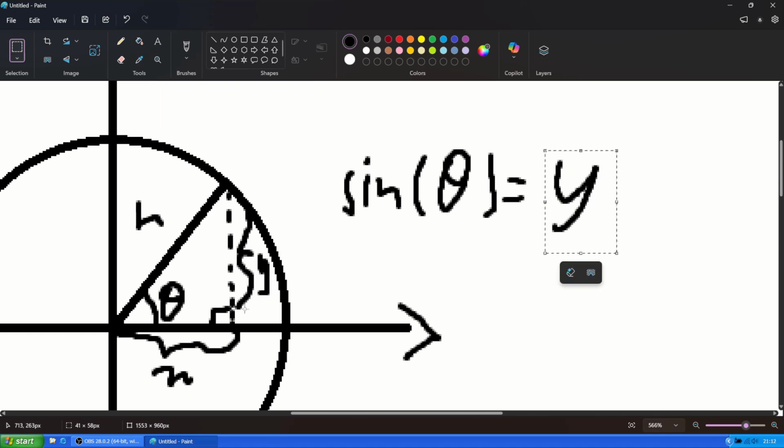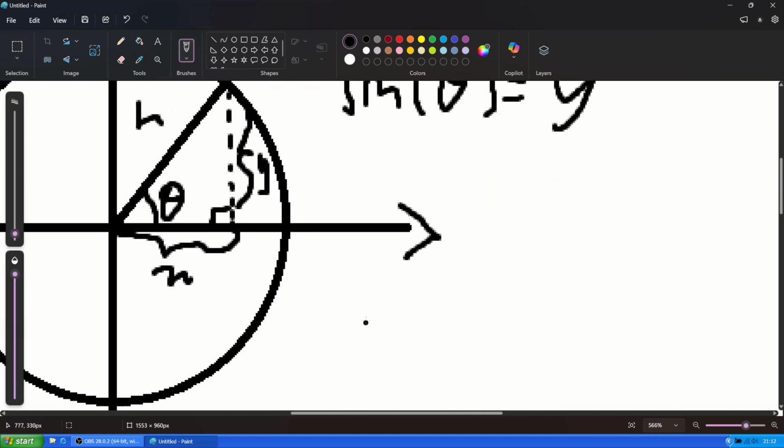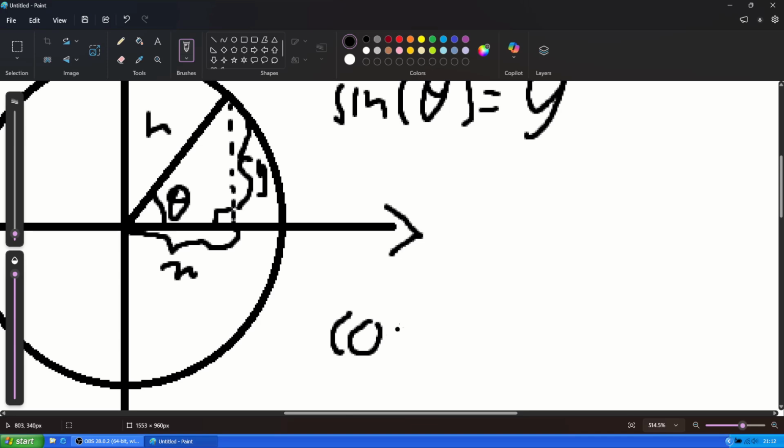So on the y-axis here, there would be a point here, right? And once again, for our cosine of theta, that would be the x length. Normally it would be the adjacent over the hypotenuse, but because the hypotenuse is 1, it's just the x length, right? So we've established here that there's a connection between the y-axis and sine, and the x-axis and cosine, right?